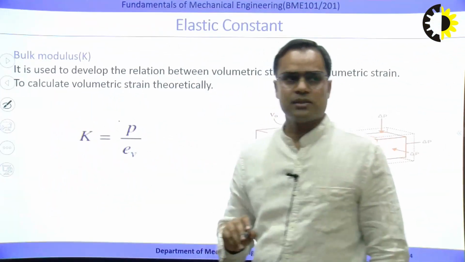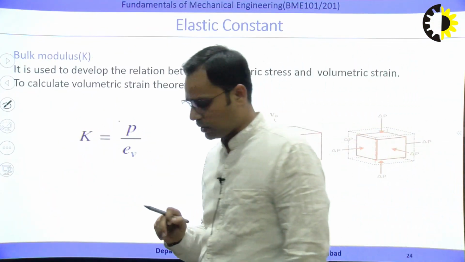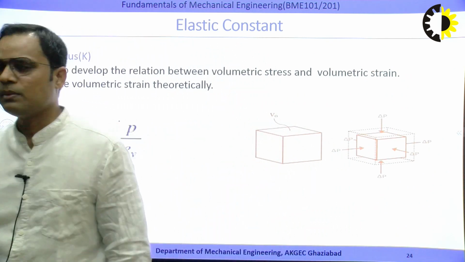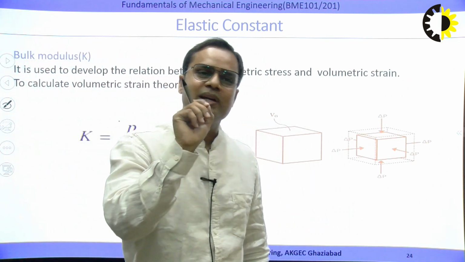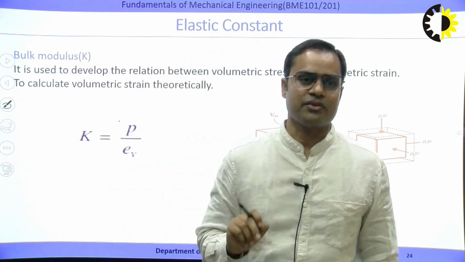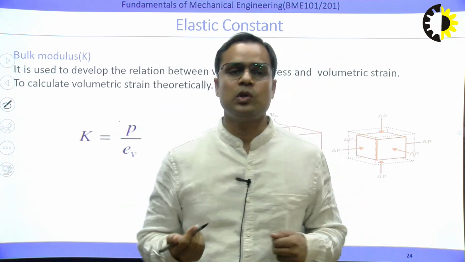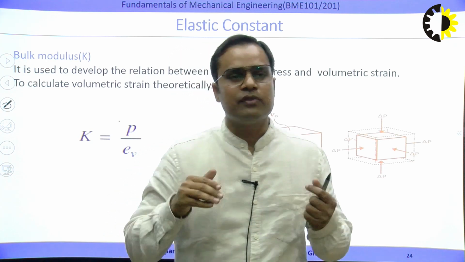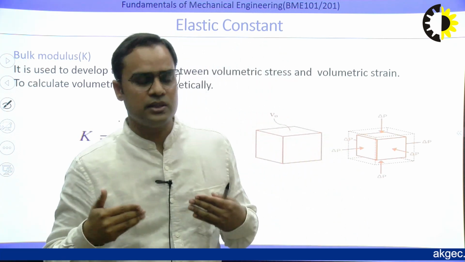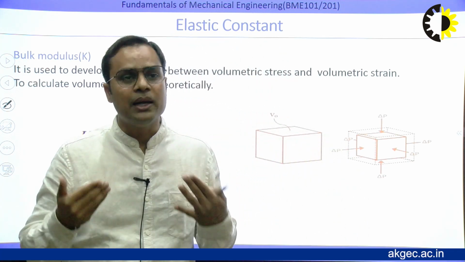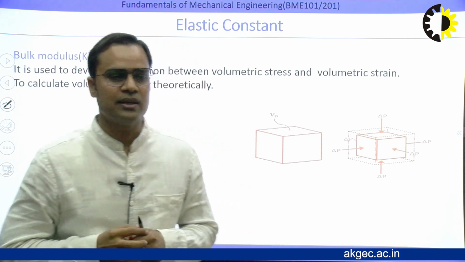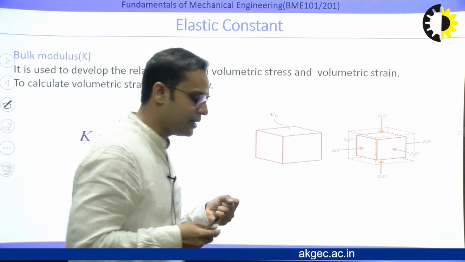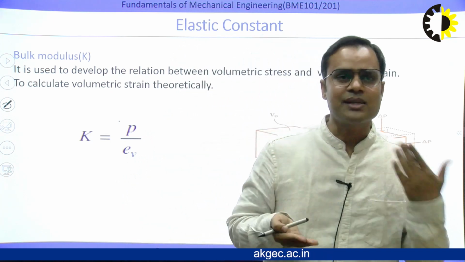Now come to another elastic constant, the bulk modulus. Third one is the bulk modulus. Bulk modulus is used to develop the relation between volumetric stress and volumetric strain, or to calculate volumetric strain theoretically. If we are interested to calculate volumetric strain theoretically, we can use the bulk modulus, and it is represented by K. So, first we have to understand what is the meaning of volumetric stress.